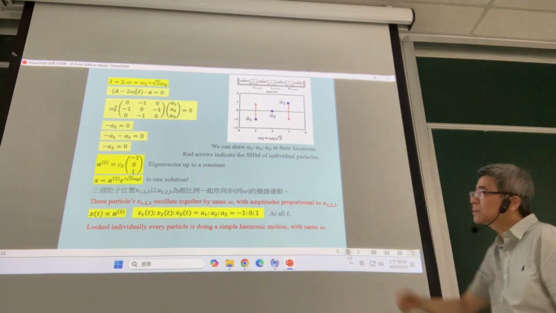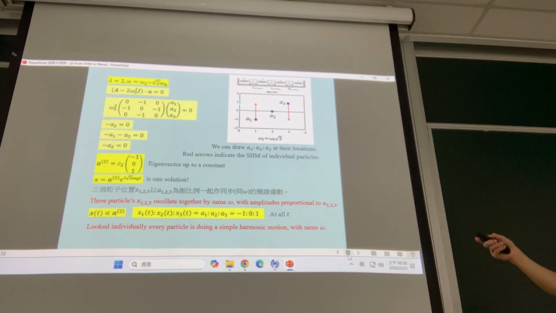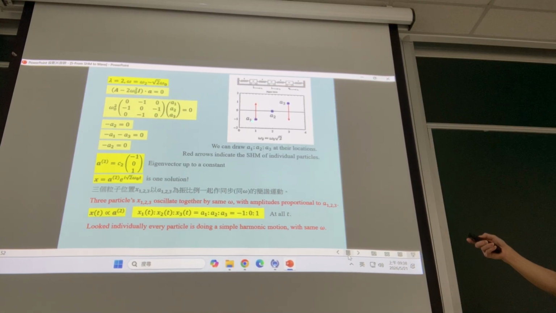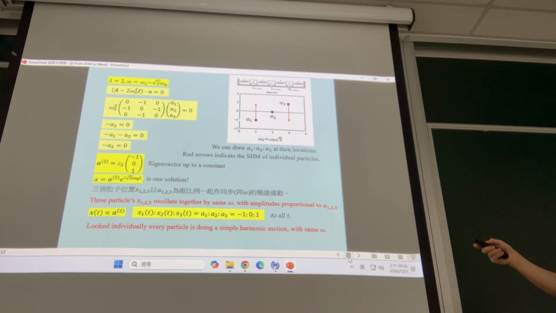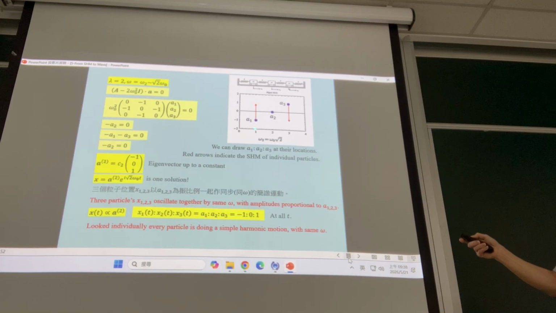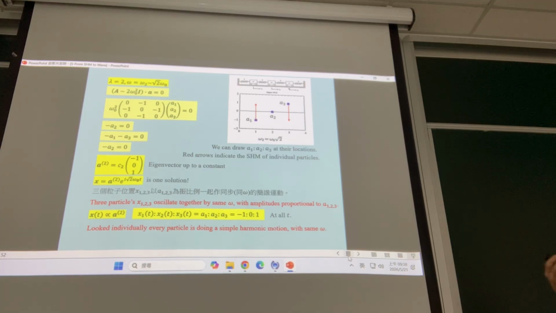Therefore, it is sometimes useful to put A1, A2, and A3 on a diagram like this. Here A1 is -1, A2 is 0, and A3 is 1, placed at the locations of the first, second, and third particles. So it's very diagrammatic.